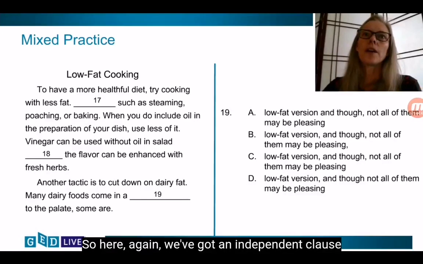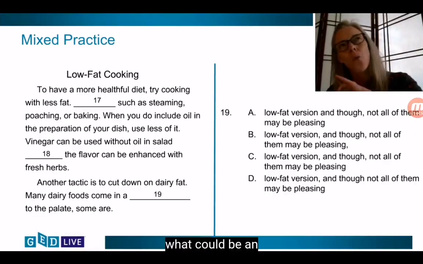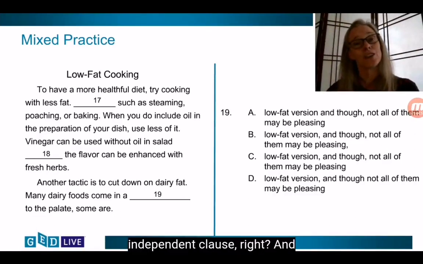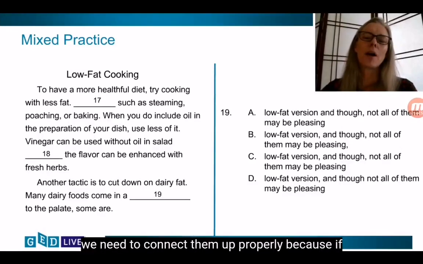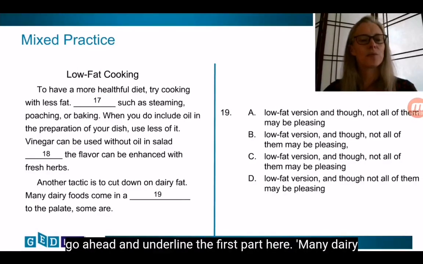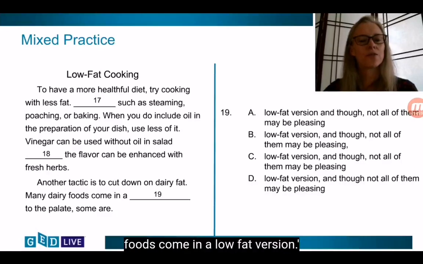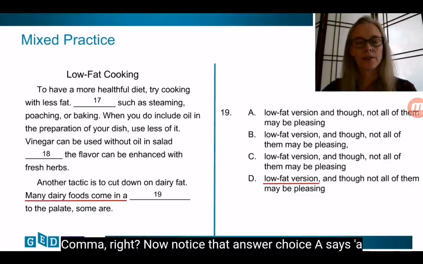And so here, again, we've got an independent clause, and then we've got what could be an independent clause, right? And we need to connect them up properly, because if you look at this first part, let's go ahead and underline it: many dairy foods come in a low-fat version, comma, right?